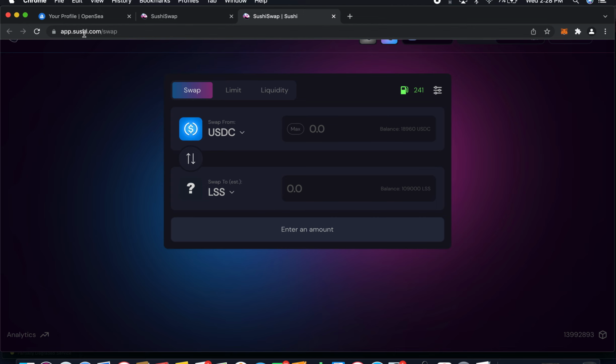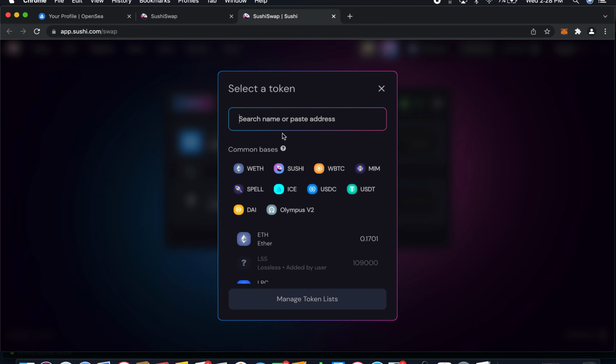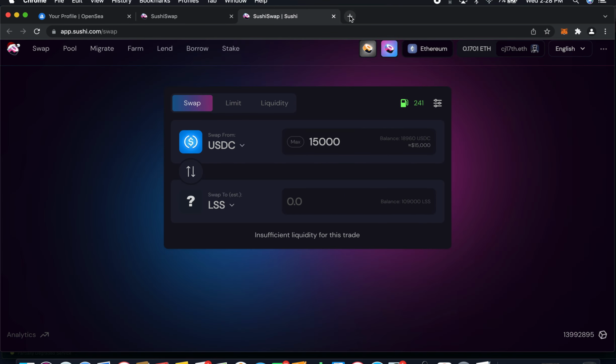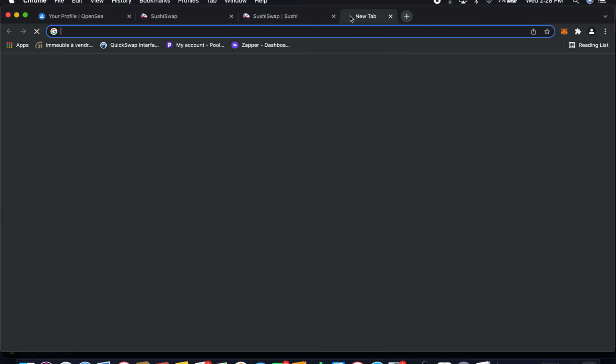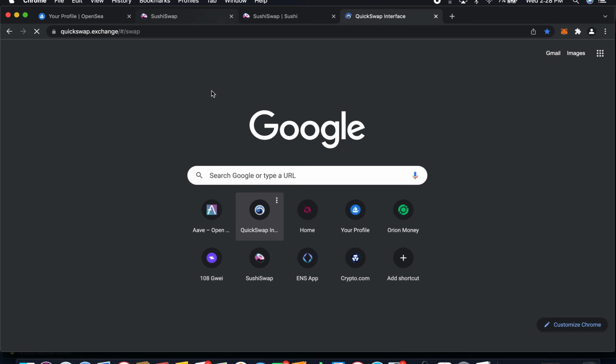So now what I'm gonna do is go to SushiSwap and swap all of my USDC for Lossless. I might have to do like 15K. Sometimes it trips on Sushi, so let's try QuickSwap.